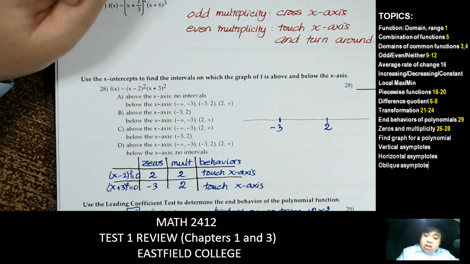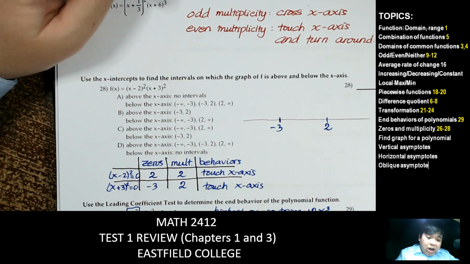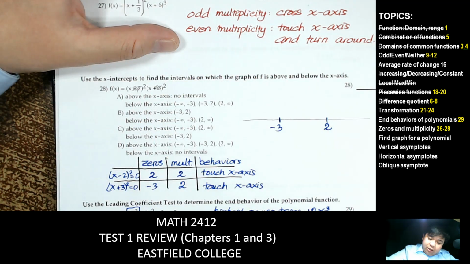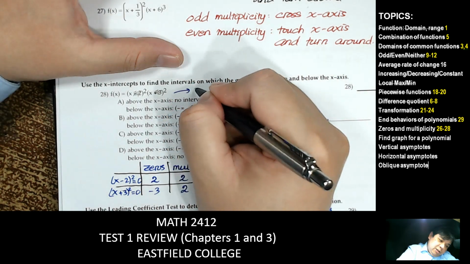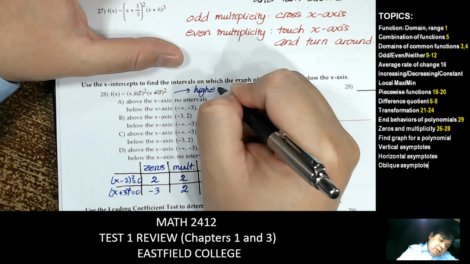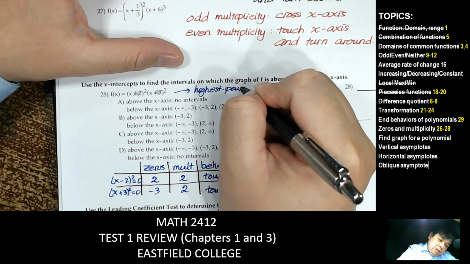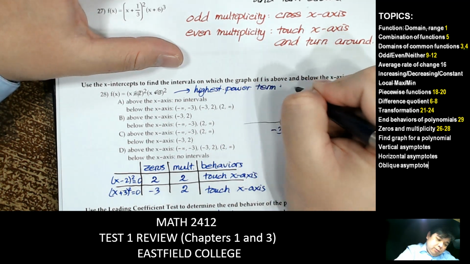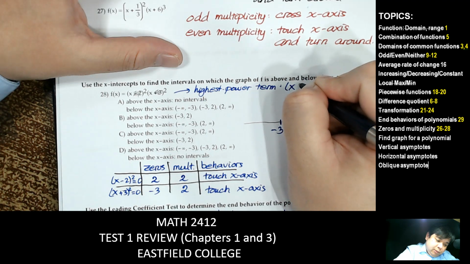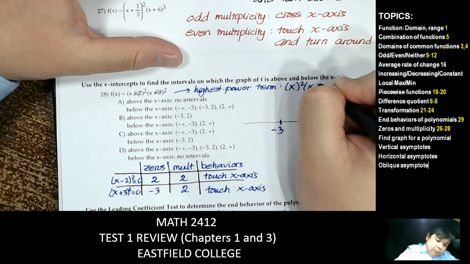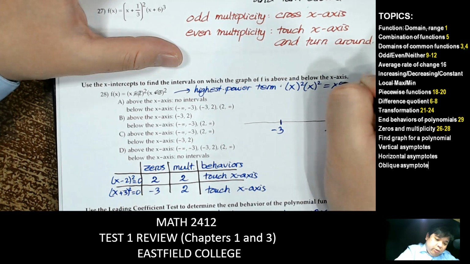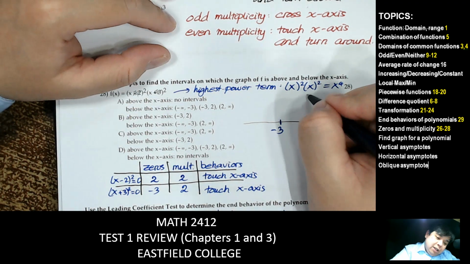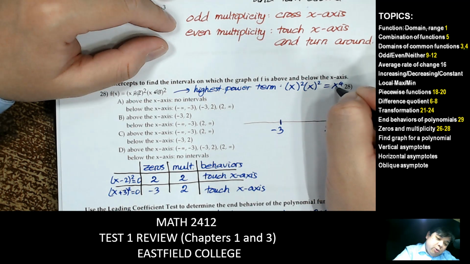Right, next, let's look at the end behavior and see what happened. If we take the highest power term, so x to the 4th, so pretty much both of them go up because it is even, so x to the 4th goes like that.